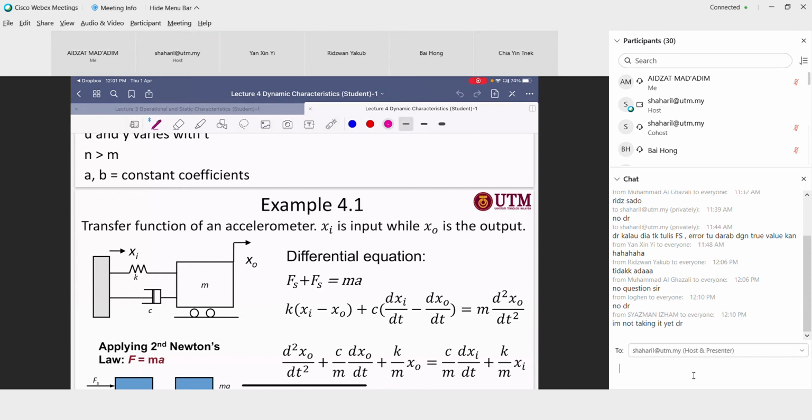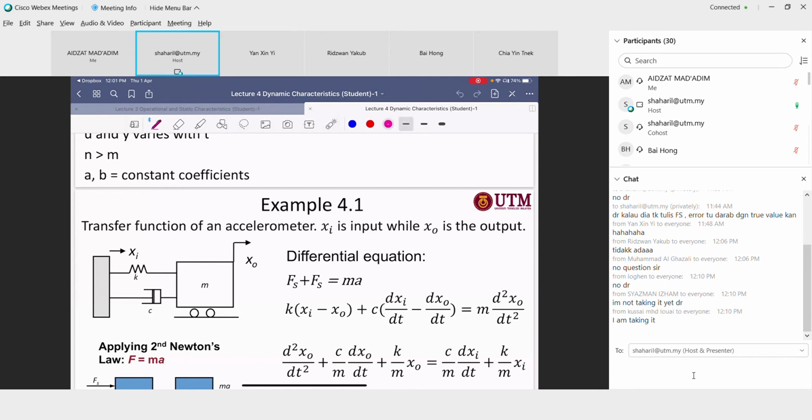No, doctor. No? Oh, Yan, you're not taking the mechatronic subject yet? Rizwan? No, not yet. Not yet? Oh, okay. Aizat Hamdan? No? Belum. Tak ambil.